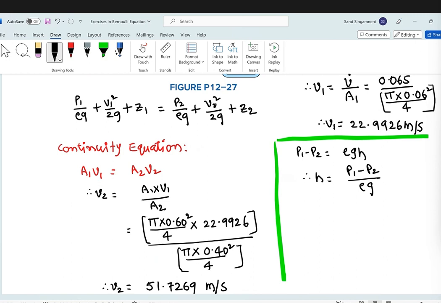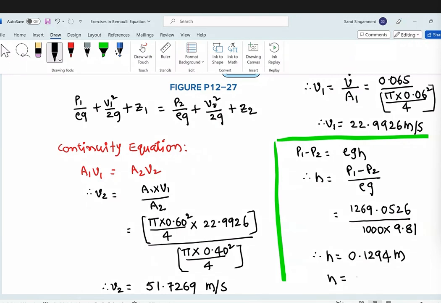But this rho is for the water. So that is 1269.0526, the pressure difference that we just calculated using Bernoulli, divided by 1000 times 9.81. From this, the height difference is 0.1294 meters, or H is equal to 12.94 centimeters.